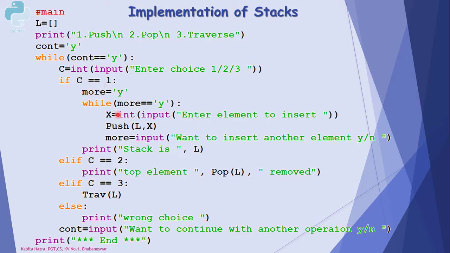So for choice 1, we are asking the value of the element to be inserted, and then we are invoking the push method by passing the list and the item to be inserted. We may enter any number of elements and push them onto the stack. Then finally we are displaying the stack. For option 2, we are calling the pop method and displaying the value that is removed. And option 3, we are calling the traversal method that will display the elements.